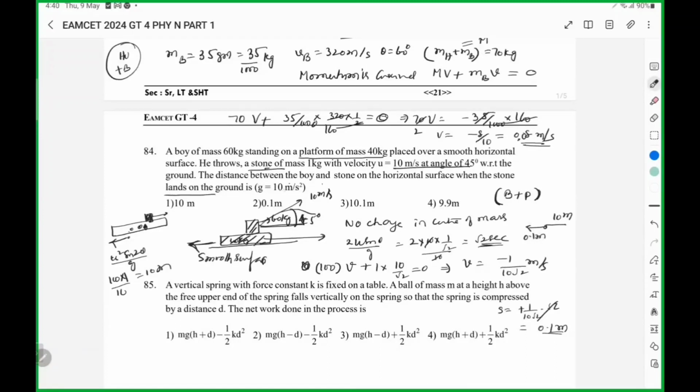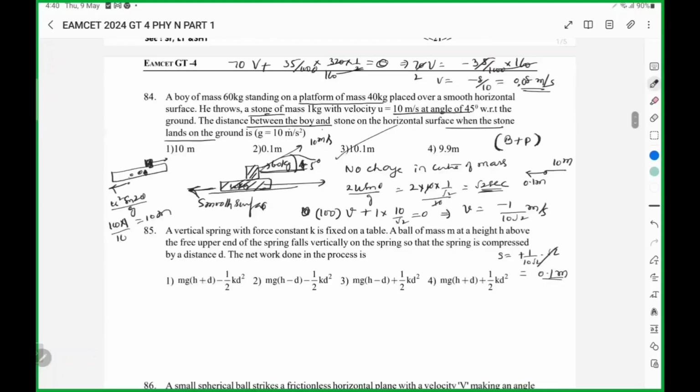So the distance between the boy and the stone becomes 10.1 meters.